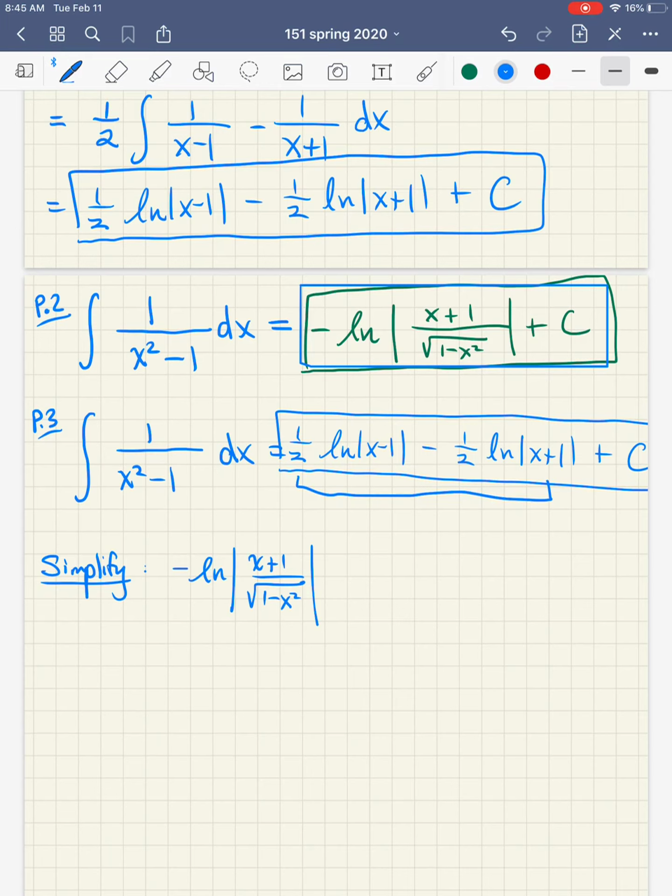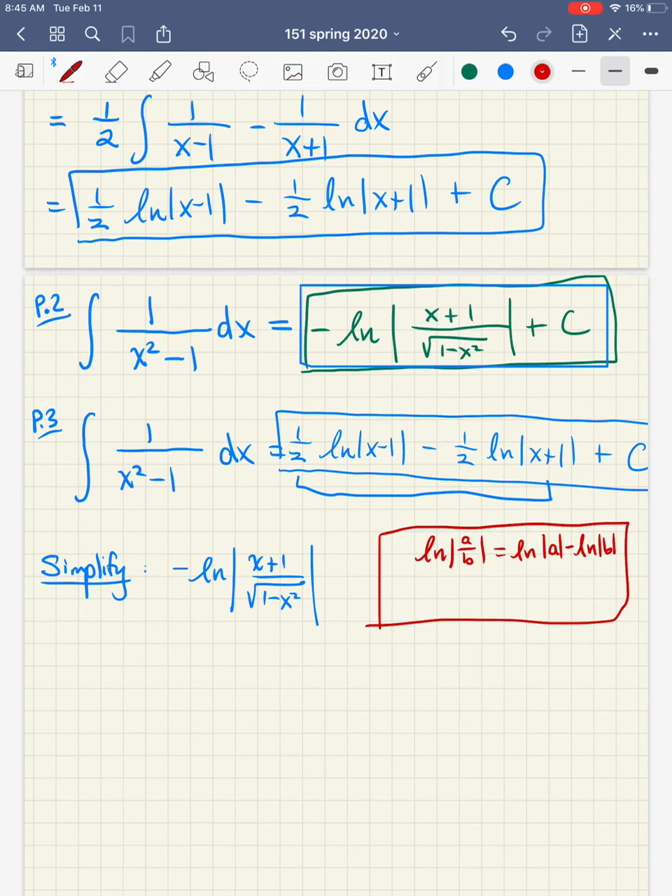And so the log properties that we're going to use, maybe I'll do those in red. We're going to use that the log of a fraction, a over b, is log of a minus log of b. And we're also going to use that a times the log of b is the log of b to the a. So let's see these in action.